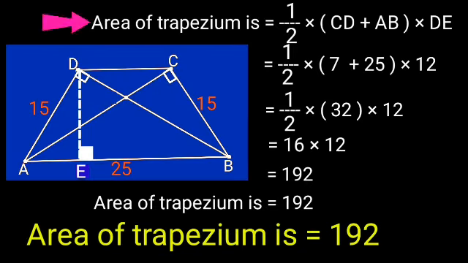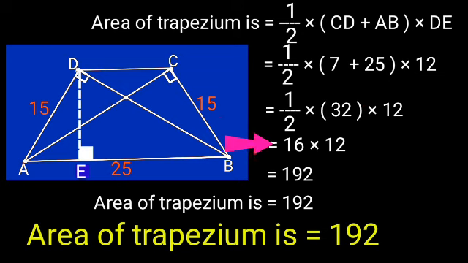Area of trapezium is equal to formula 1 upon 2 into CD plus AB, addition of parallel lines, into height, that is DE. 1 upon 2 into bracket 7 plus 25 into 12, that is 1/2 into 32 into 12. 32 upon 2, that is 16 into 12.